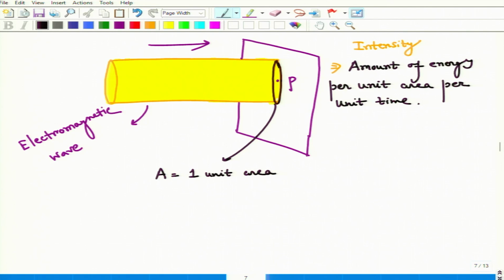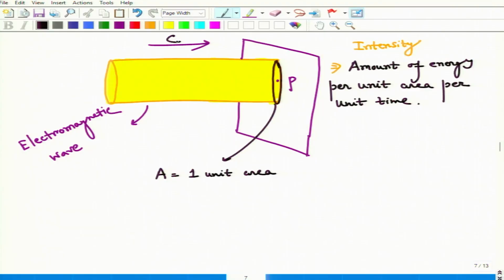The electromagnetic wave is propagating, so if we consider a plane, the total amount of energy per unit time, per unit area imposed on that plane by the electromagnetic wave is called the intensity of that electromagnetic wave.